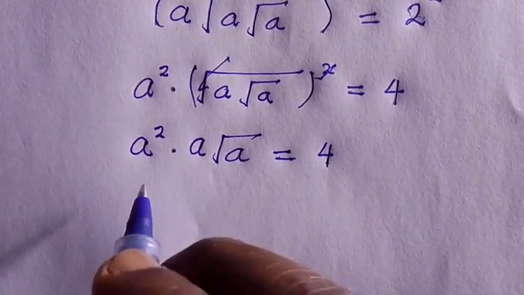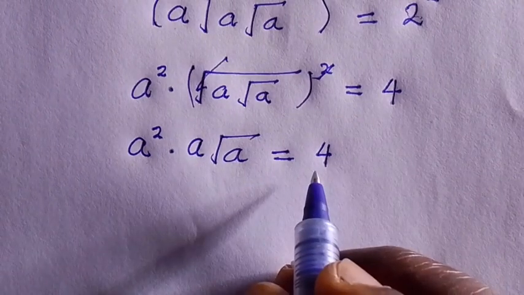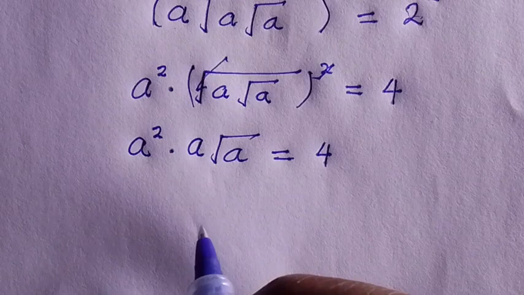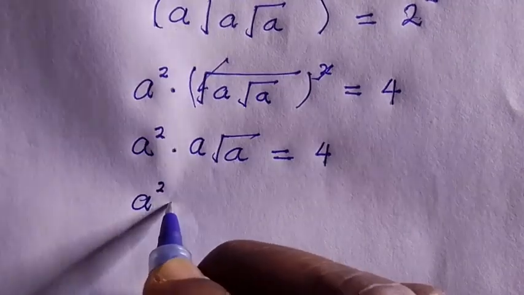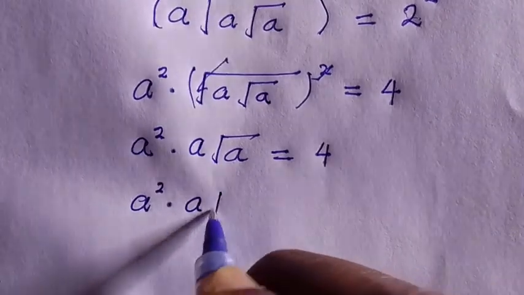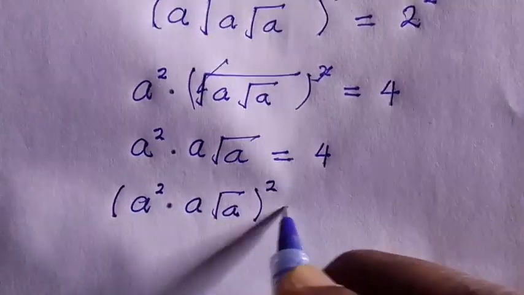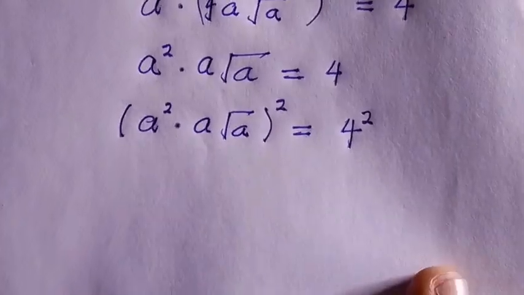The next thing is to take another power of 2 on both sides, just to get rid of this root. So here we have a to the power of 2 multiplied by a root a, all raised to the power of 2, equals 4 to the power of 2.